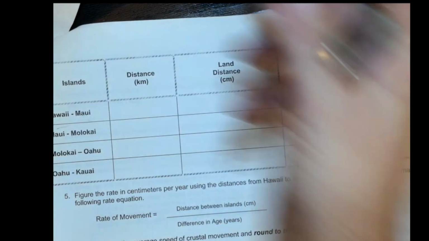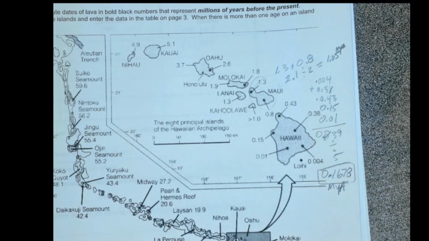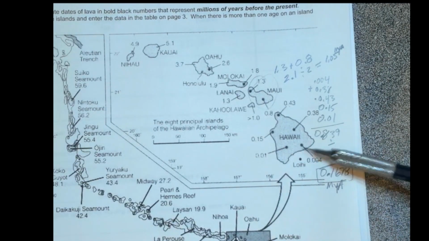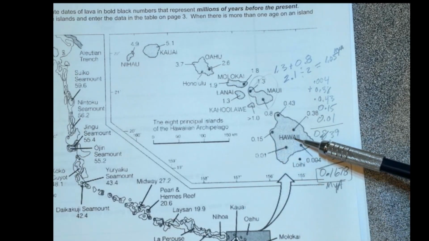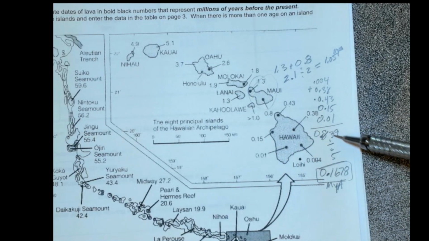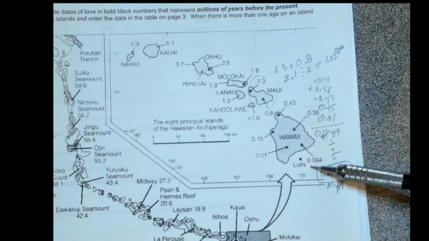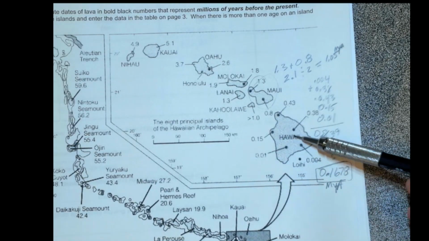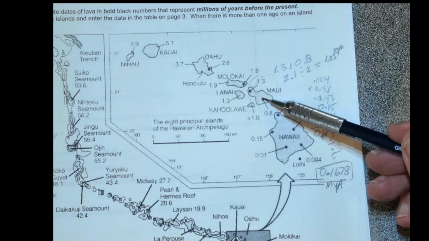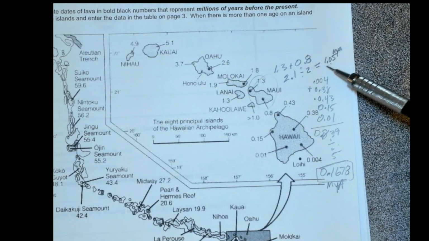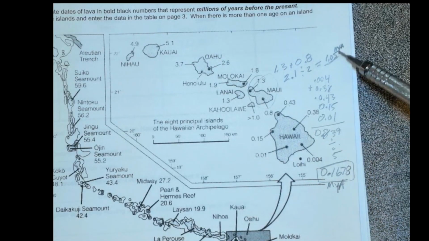All right. So once again, I know this is confusing. Let's make sure that we're doing this properly. We're adding up all the different dates on the island, getting a number, and dividing that number by 5. Why by 5? Because I've got 5 points. That gives me the average age for this island. Adding up these 2, we're getting our average age for Maui.